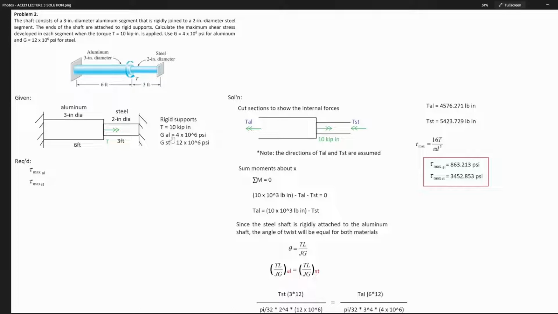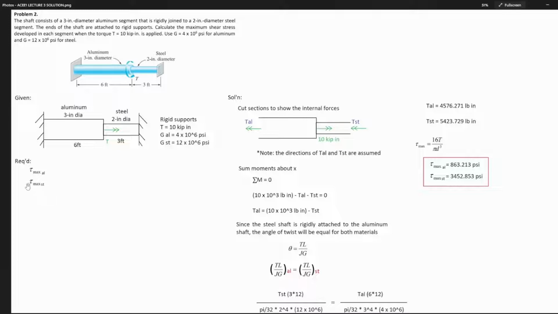Tapos, these are the other given information. Rigid supports. T is this. G ng aluminum, G ng steel. Right? And what is required of us? To find the maximum torsional shear stress kay aluminum at kay steel. Okay? So, paano natin gagawin yun?